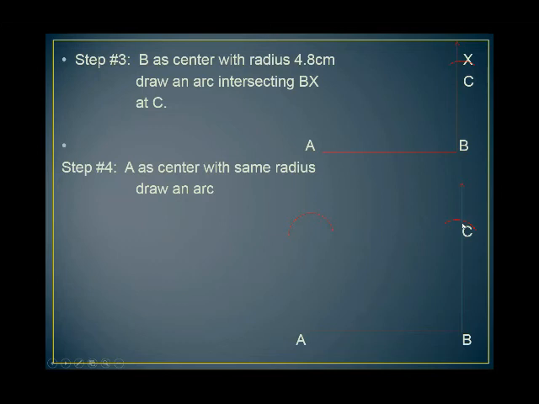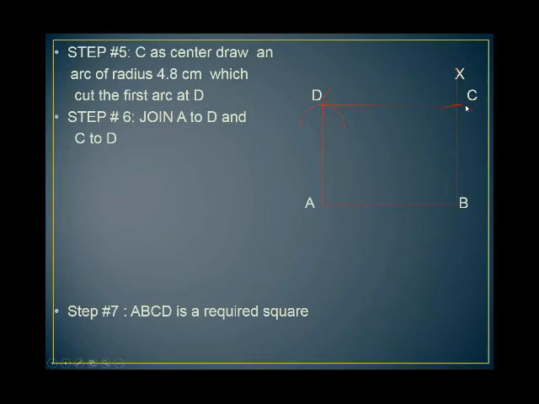Now, in the next step, taking C as a center, we draw another arc which cuts the first arc, and the point we get after the intersection of the two arcs, we name that point D. So that's how we get the points D and C. So we join D to C and D to A. So ABCD is the required square.